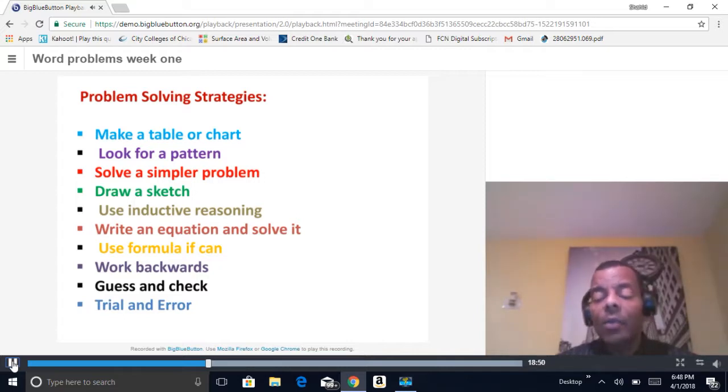Now we want to get into our first type of word problems. These are the simplest types of word problems to solve. We call these our one-steppers. That means all we need to do to solve them is use one of our operations: add, subtract, multiply, or divide.